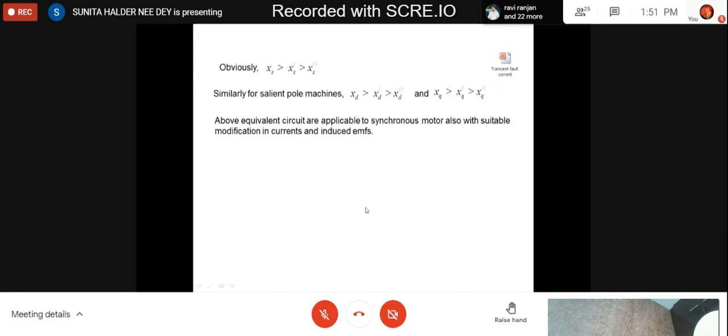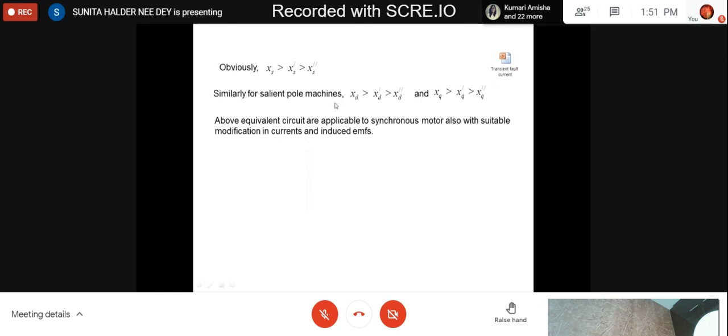So for an alternator, the steady state synchronous reactance is always more than the transient reactance, and the transient reactance is more than the subtransient reactance. In an examination or interview, a question is asked to explain why the subtransient or transient reactance is lesser than the synchronous reactance. I hope you can explain that.